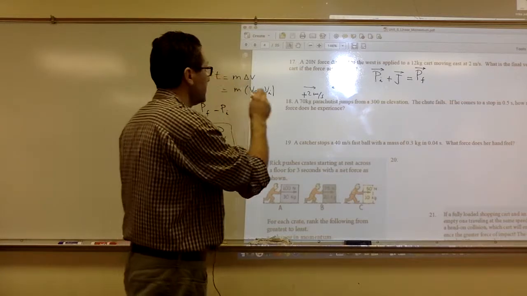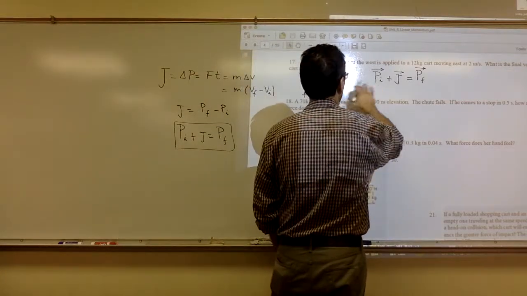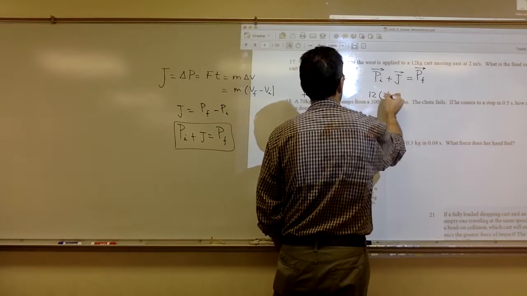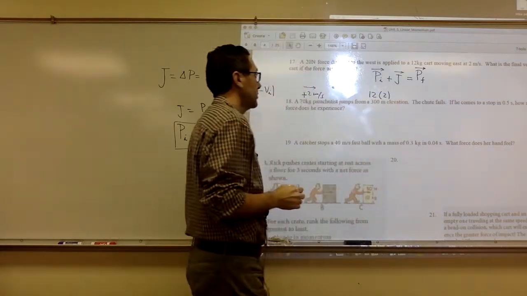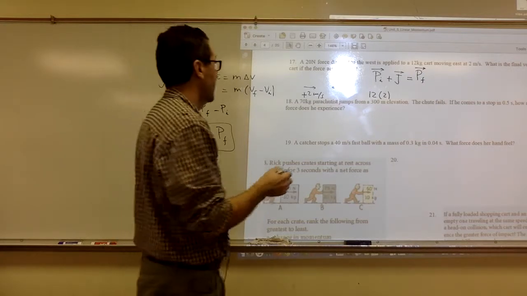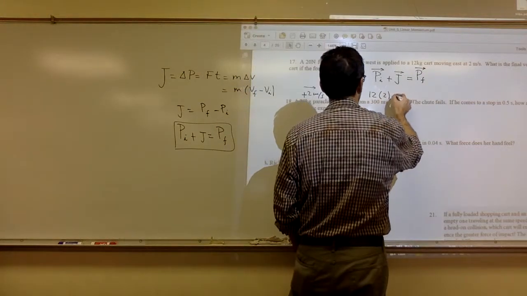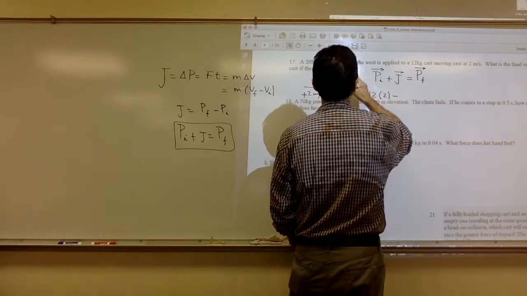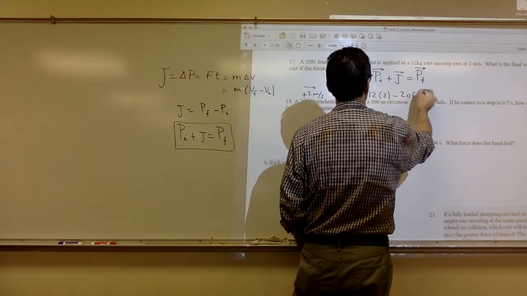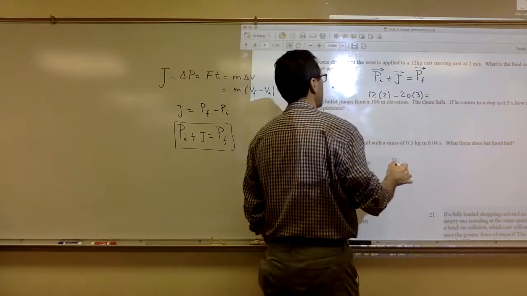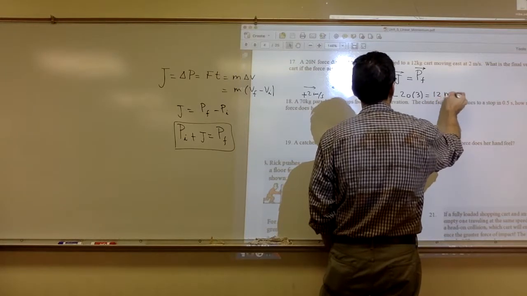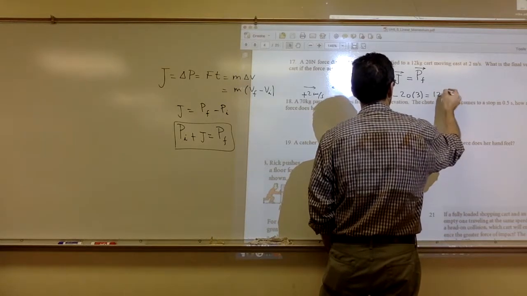Okay. So let's see what we have. Going to the right, that's going to be the mass, which is 12 times 2. The impulse exerted on this is going the opposite way. So this is going to be minus force of 20 times 3, that's my impulse, equals final momentum, which is 12 times the final velocity.